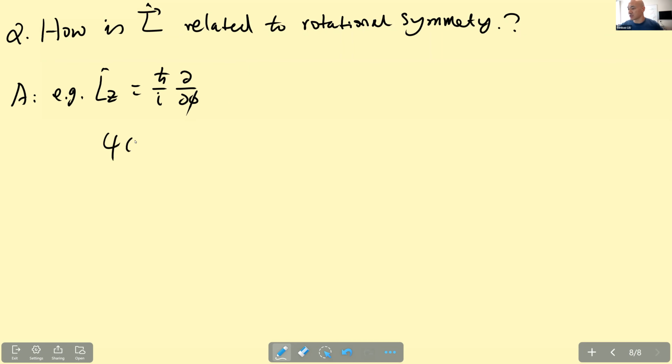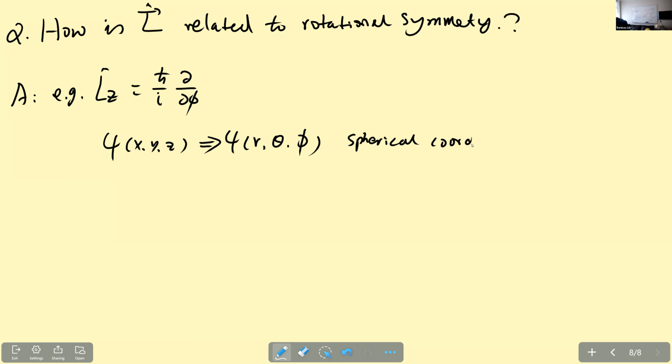Let's say we have a wave function psi(x, y, z), and then we can write this as psi(r, theta, phi), a function in the spherical coordinates. And let's see what will be the effect of this.